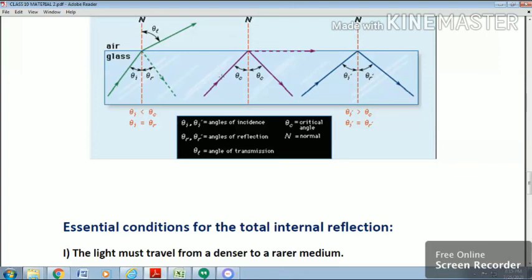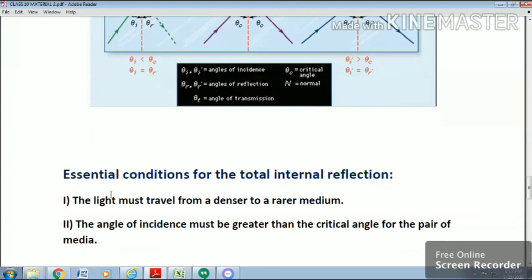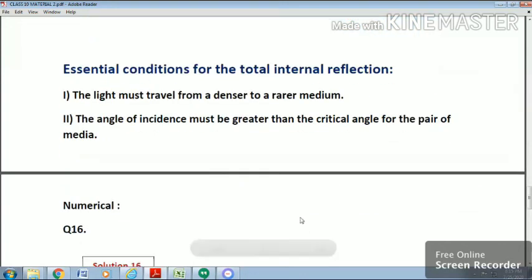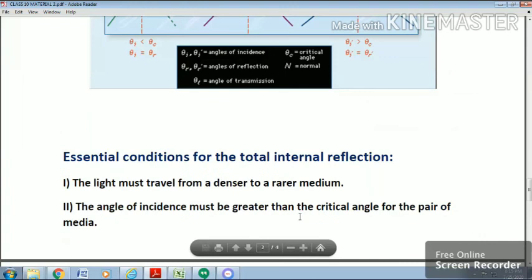So here two conditions are very much essential: that the ray must pass from denser medium to rarer medium, and the second one, that the angle of incidence, angle I, must be greater than critical angle C for the pair of media. Now one thing we have to note here, that in this process of total internal reflection, 100% energy of light is reflected back.